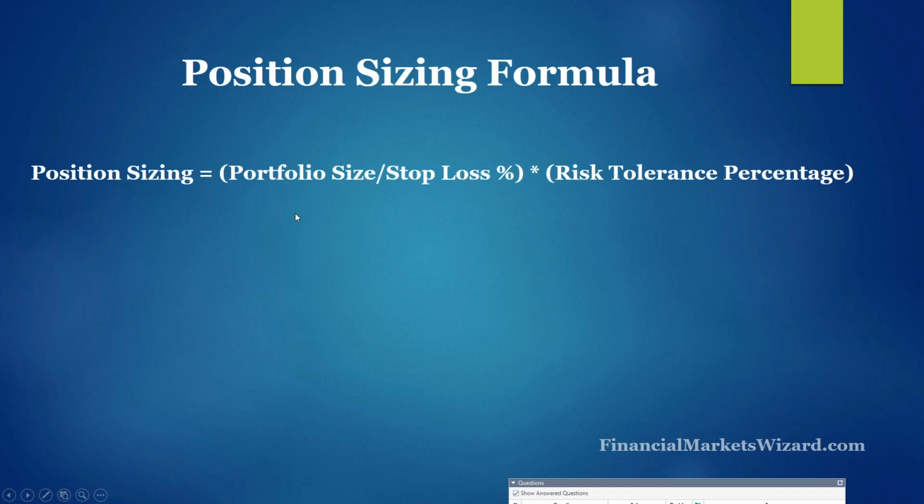For instance, if the portfolio size is 100,000 and your stop loss is 50%, you will divide by 0.5, and if your risk tolerance percentage is 4, then you will multiply by 4, and you will come up with some dollar amount, the position sizing. So this dollar amount is telling you how much you need to put in the trade.